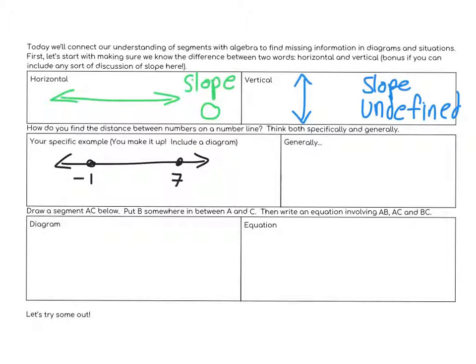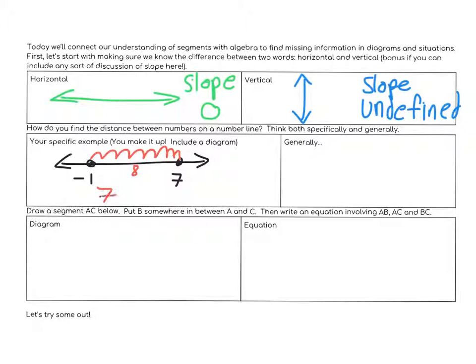Thinking back to when you first started working with number lines, you may have talked about how you have to jump a certain number of spaces to get to 7. If I go from -1 to 0, and 0 to 1, 1 to 2, 2 to 3, 3 to 4, 4 to 5, 5 to 6, and 6 to 7, you might notice that that's 8 jumps. We then found ways to do this better, and by better, I only mean faster.